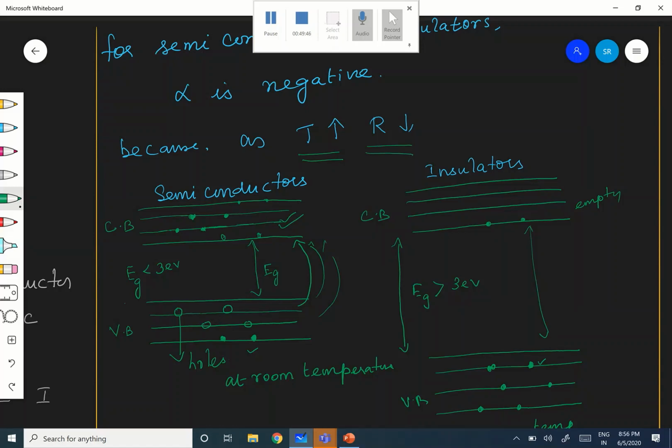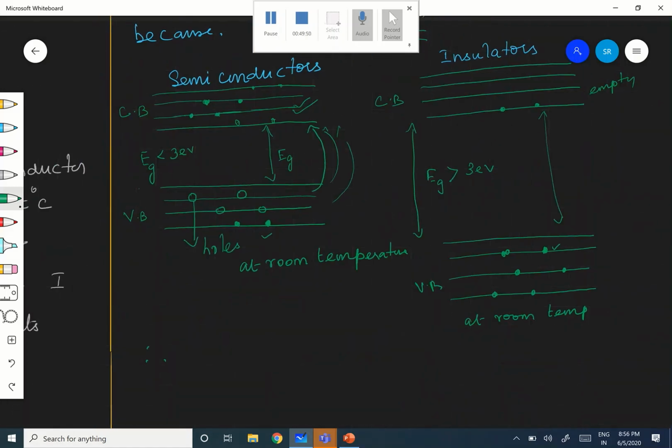Therefore, for semiconductors and insulators, alpha is negative. Why? What is alpha? Alpha is nothing but R2 minus R1 divided by R1 times T2 minus T1. Therefore R2 minus R1 is negative in this case. Why?